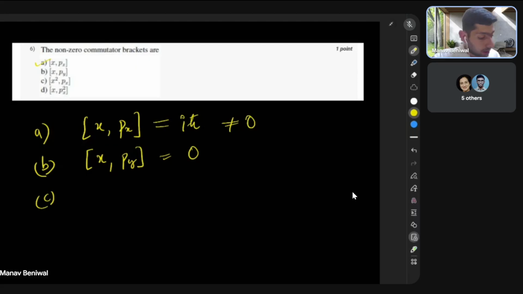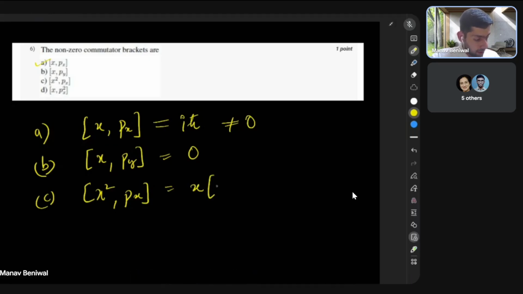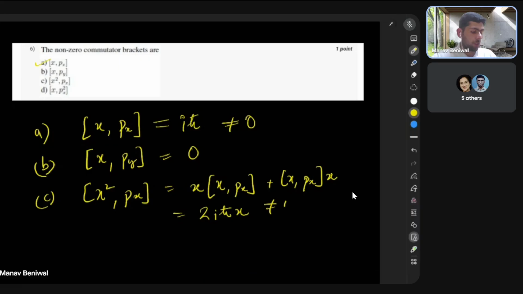What about C? x squared comma px. Using the product rule, we can write it as x times the commutator x comma px plus x comma px times x. Now we know that this is iota h cut, so this simply becomes 2 iota h cut times x. Again, this is not 0.